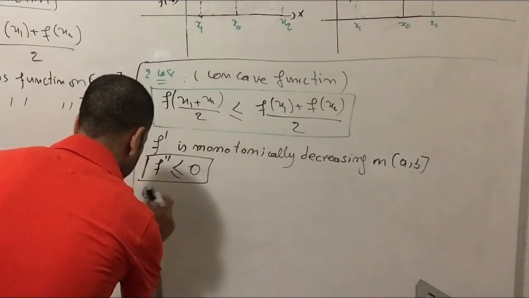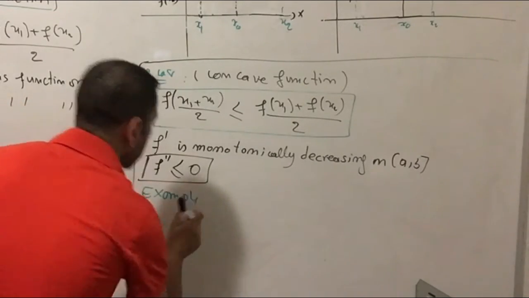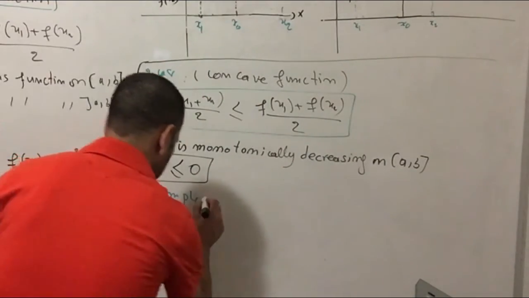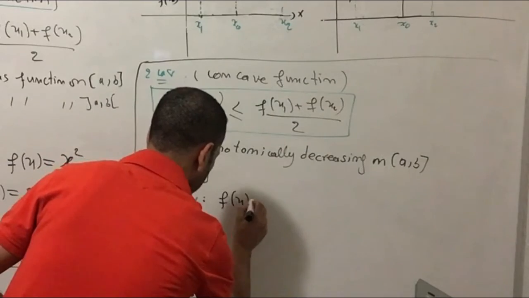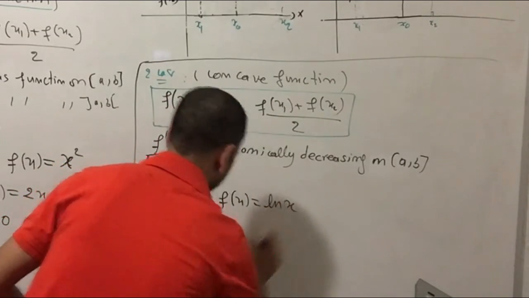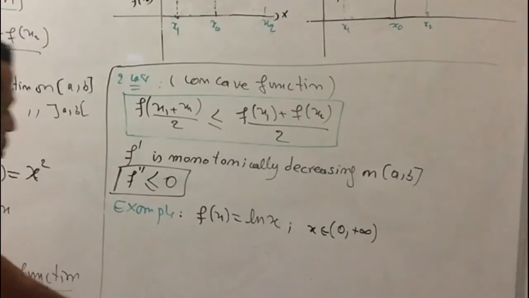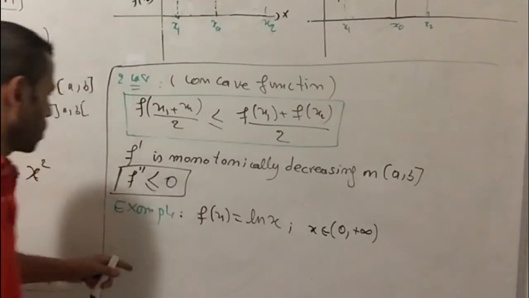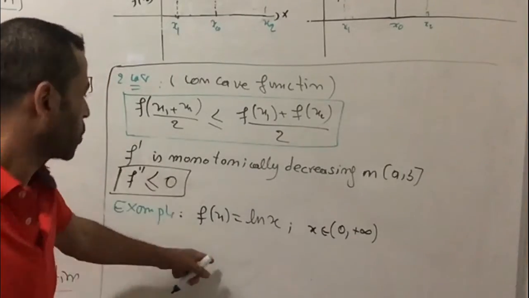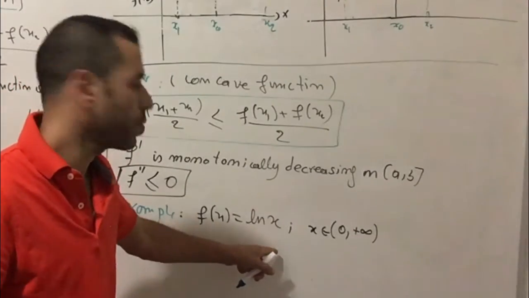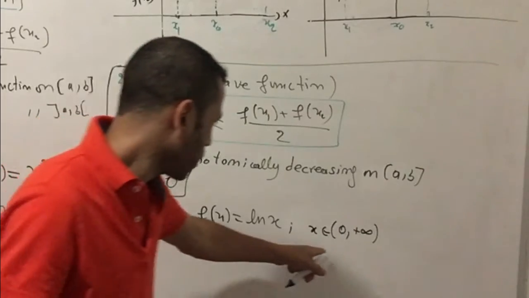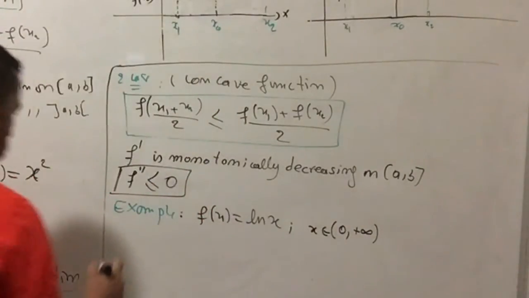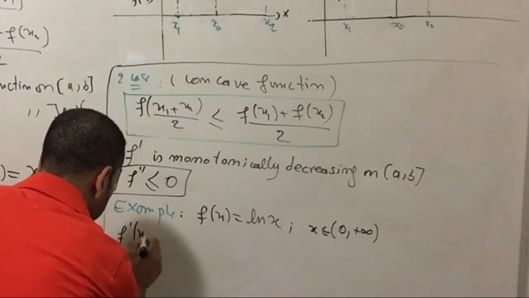Example for a concave function. Let's take f of x equal to natural log of x, for a real number x strictly superior to 0.